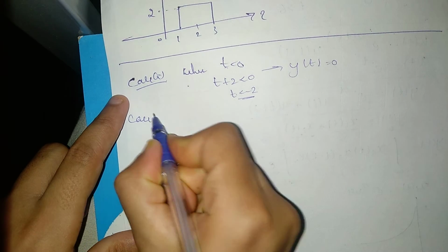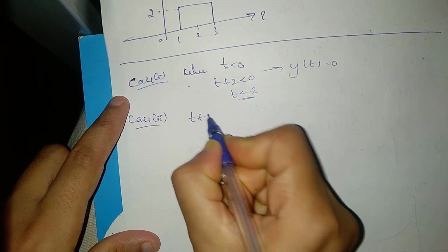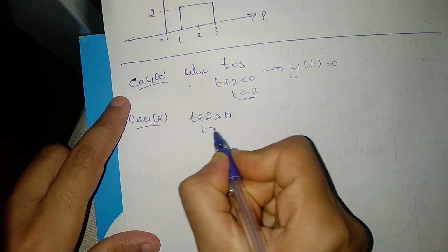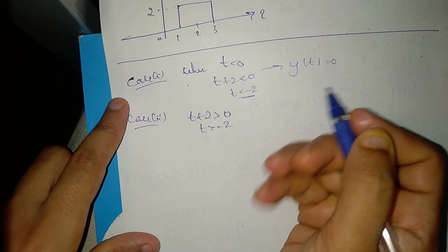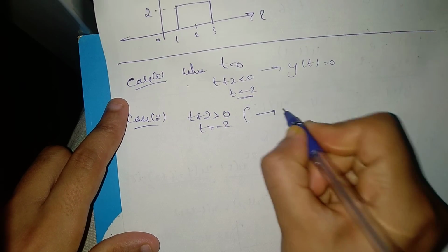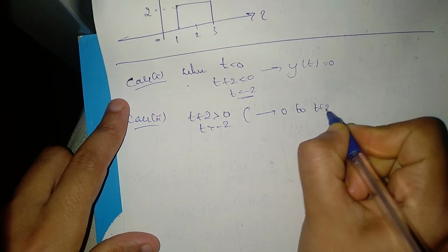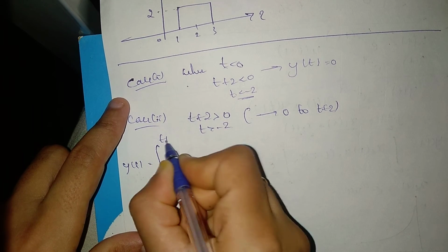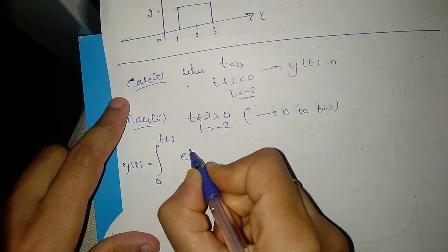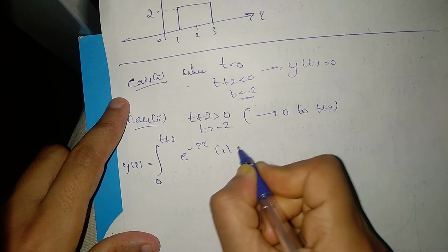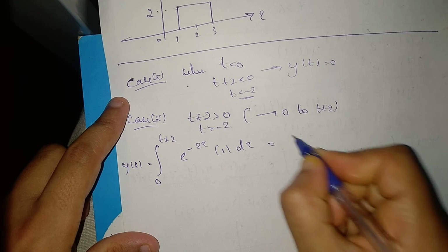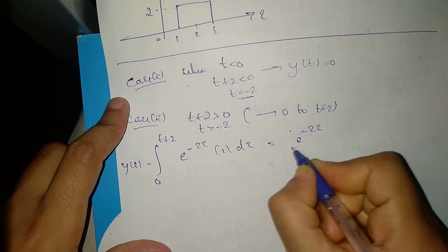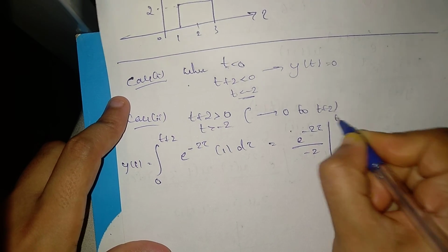If we take case number 2, when t plus 2 is greater than 0, that means t is greater than minus 2. The common values here are between 0 to t plus 2. So I am taking the integral from 0 to t plus 2 of e to the power of minus 2 tau into 1 into d tau. If we integrate this, it will be e to the power of minus 2 tau divided by minus 2, from 0 to t plus 2.